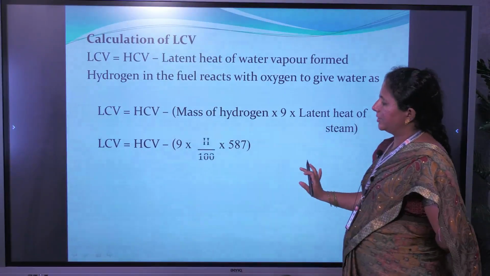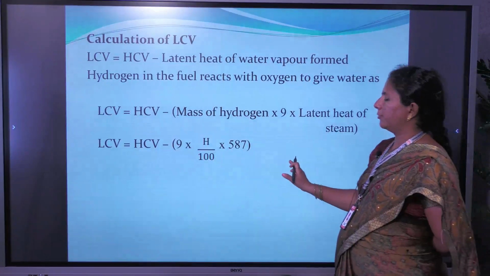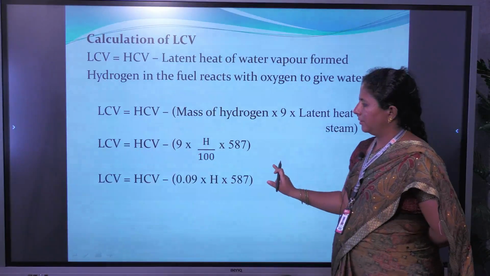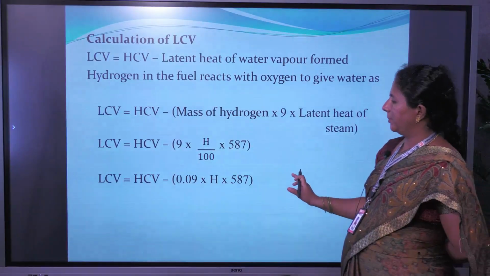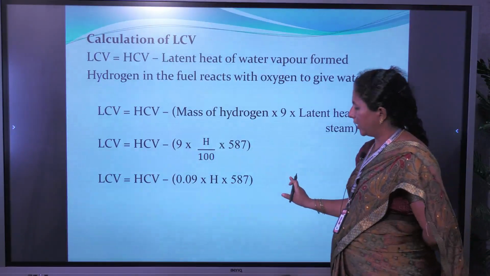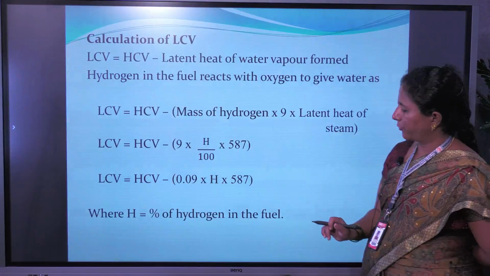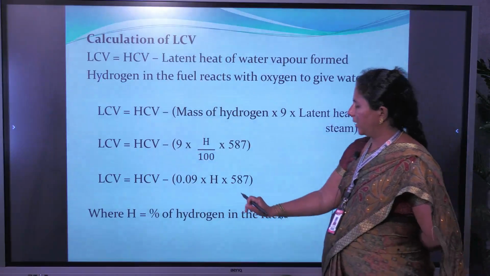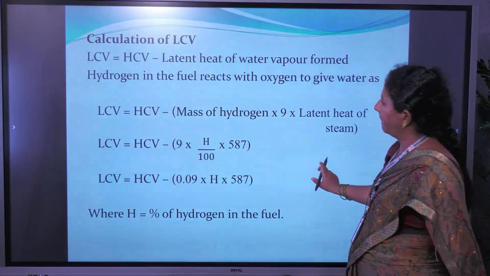From this, LCV is equal to HCV minus 9 into hydrogen by 100 into 587. So finally the formula will be LCV is equal to HCV minus 0.09 into hydrogen into 587, which is nothing but the latent heat of steam. Here hydrogen is equal to percentage of hydrogen in the fuel.